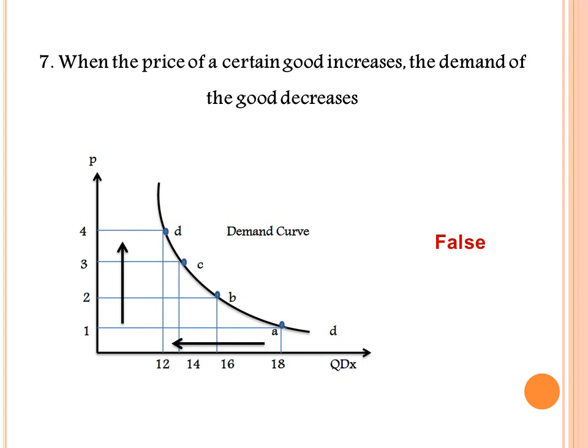While the other factors that affect the demand, like income, consumer tastes, and the prices of other goods, if there is a change in these factors, the demand for the good would change and the whole demand curve would shift either rightward or leftward. While when the price of a certain good changes, the quantity demanded of the same good would change in the opposite direction.